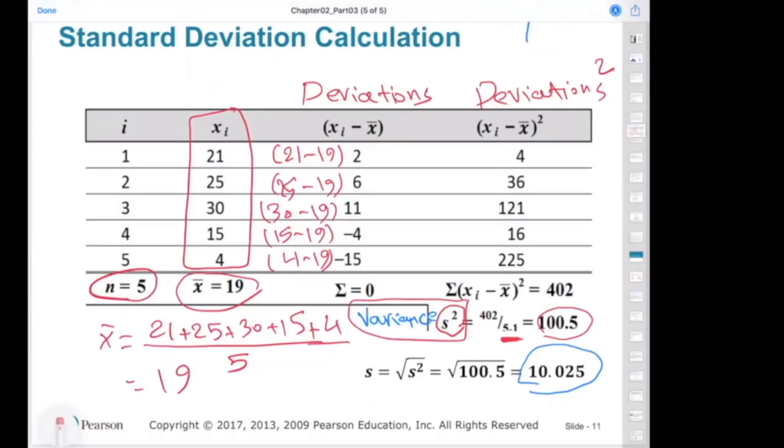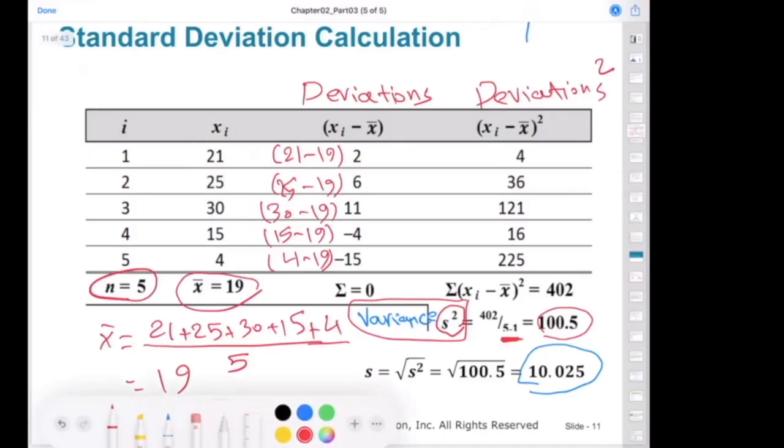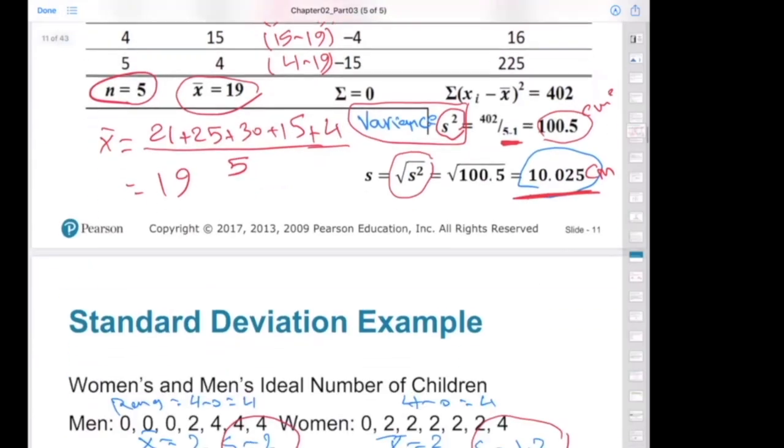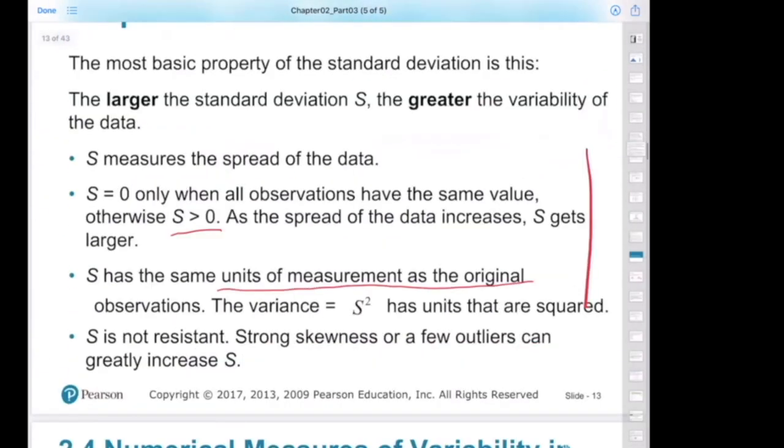So if this data is in centimeters, this number is in centimeters squared. And because we take the square root again, the standard deviation S will be in centimeters again. So we have the same unit as the original measurements of our data, as you can see.